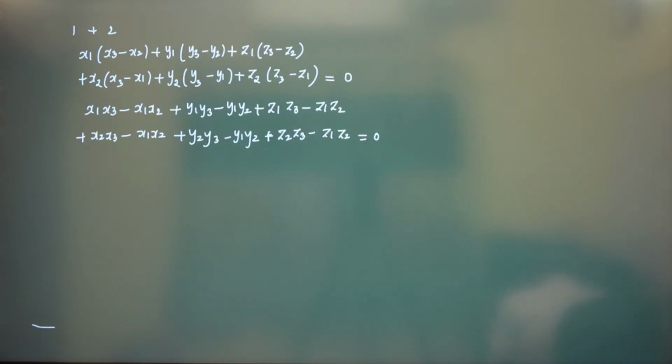Just a minute. We have x1 (x3 minus x2), y1 (y3 minus y2), z1 (z3 minus z2).